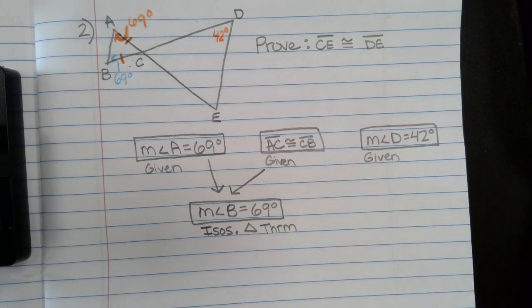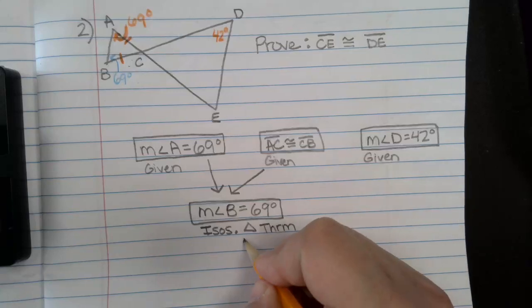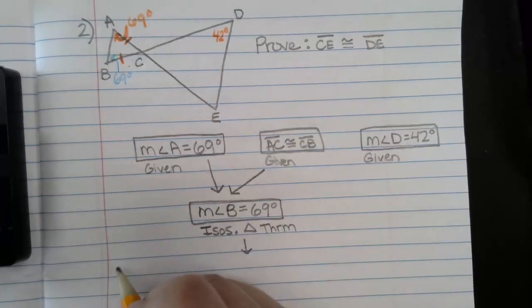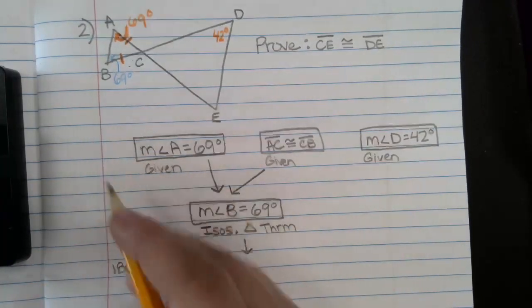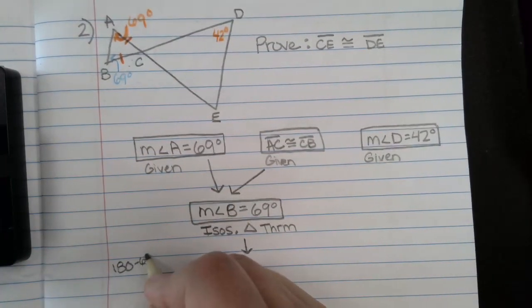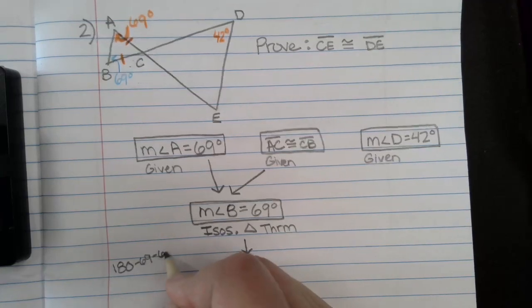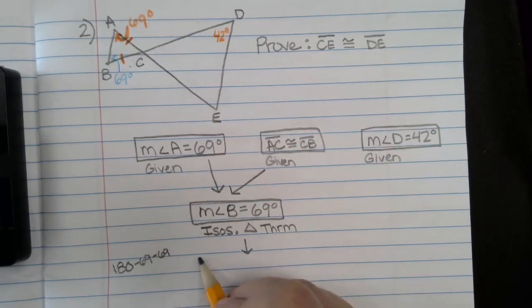Angle C. How can I find angle C? 180 minus 69. Good. Yeah, we do 180, because the 180 is the whole thing, minus our two angles, so minus 69, minus 69. Samaya, you got that for us in a calculator?